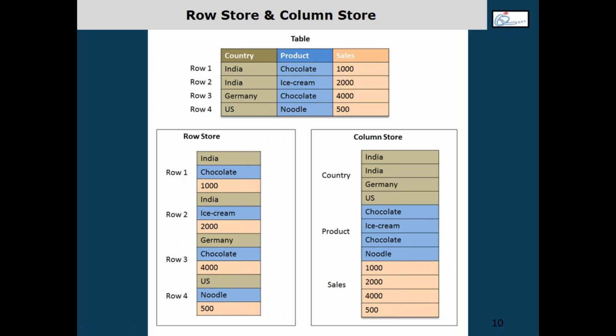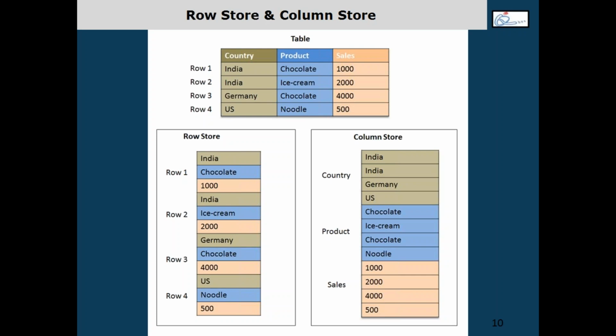If it is main memory, it will have page by page organization, right? Memory is organized by pages, depending on the page size. So I've got one row, India, chocolates, 1000. All these three, the entire row, will be stored at one memory location. It takes row 1, finds a memory location which is free, inserts it there, then takes row 2, finds the next free memory location, inserts row 2, same way row 3, row 4.